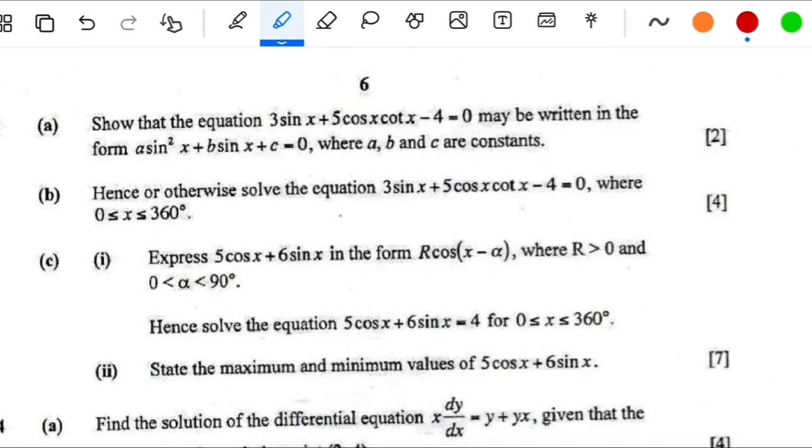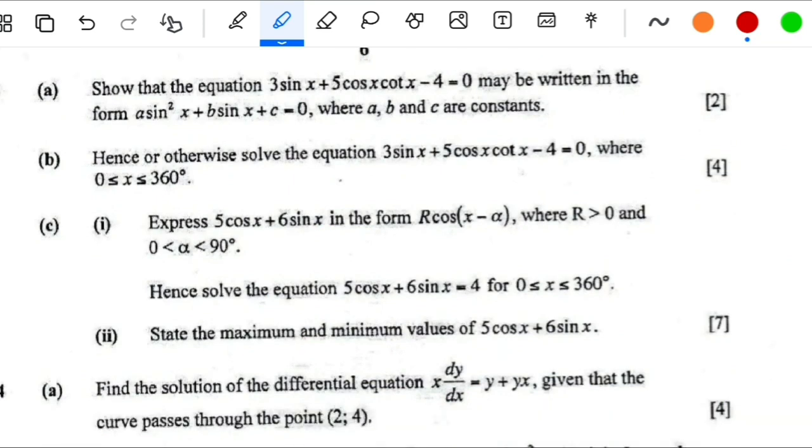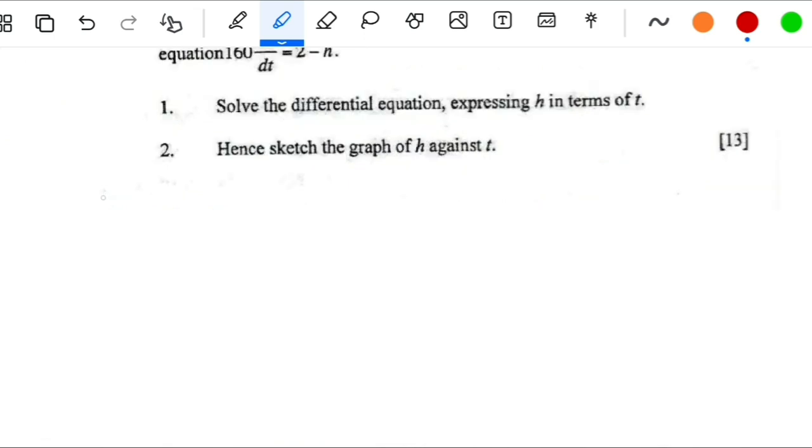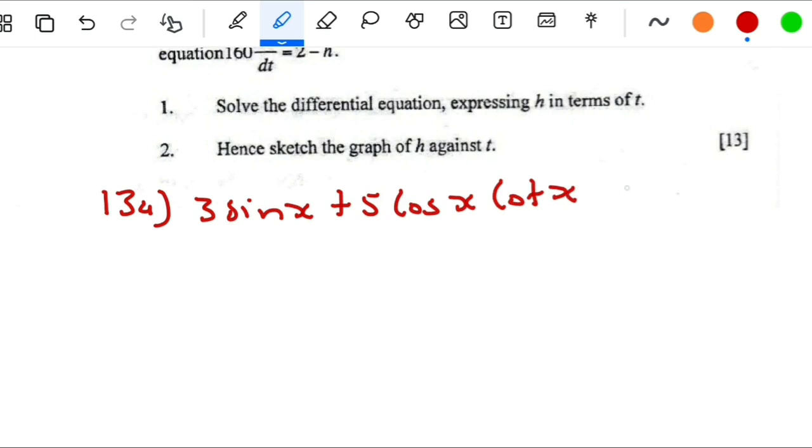Number 13a, show that the equation 3 sine x plus 5 cos x cot x minus 4 equals 0 may be written in the form a sine squared x plus b sine x plus c equals 0, where a, b, and c are constants. We're given 3 sine x plus 5 cos x cot x minus 4 equals 0.